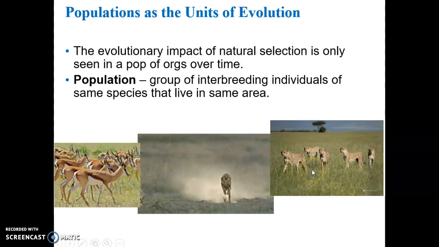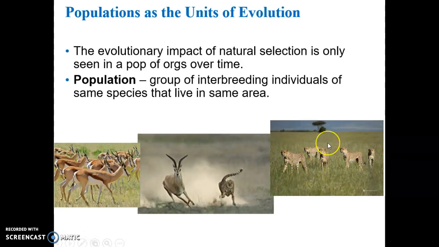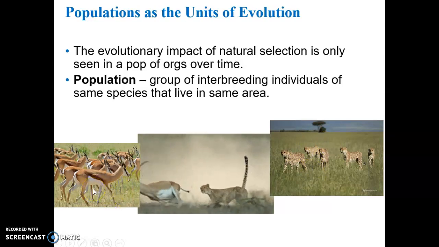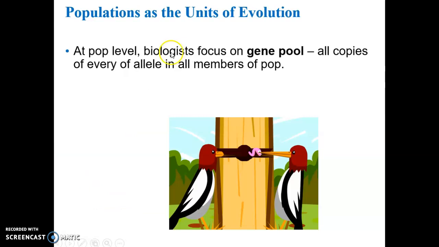So, like a population of cheetah in the African savanna, or a population of gazelles. At the population level, biologists focus on the gene pool: all copies of every allele within all members of a population.